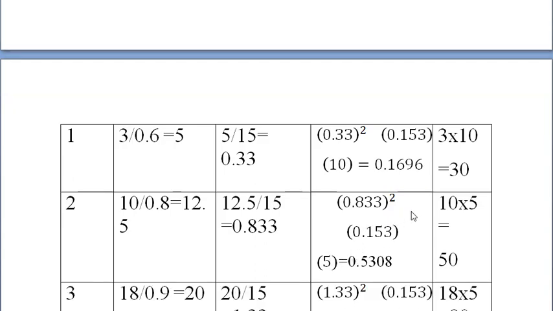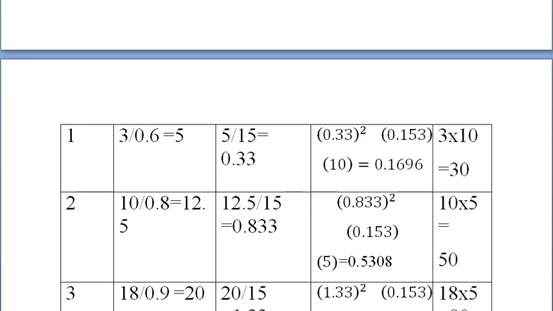So X square Wc into T will give you 0.5308 kilowatt hours. Similarly, this second load output in kilowatt hours is given by 10 kilowatts into the number of hours it is operated, that is 10 into 5, equal to 50 kilowatt hours.